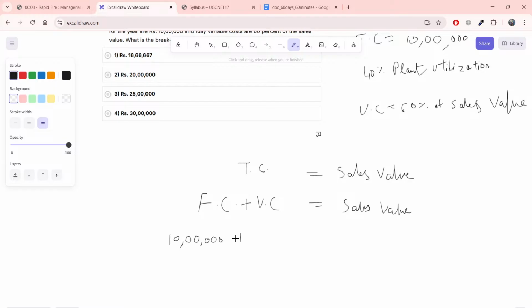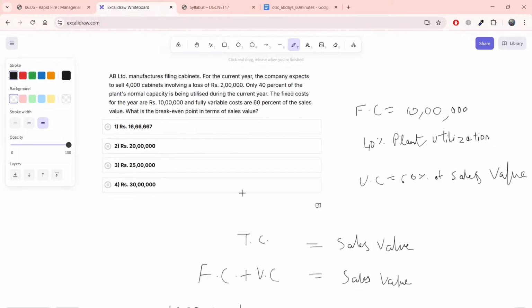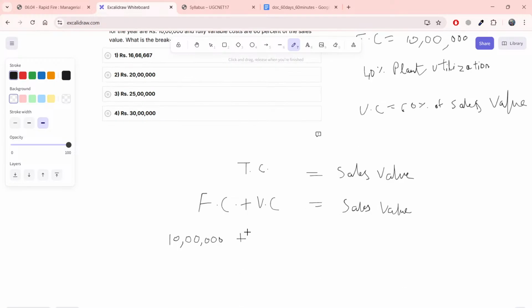अब variable cost क्या बोला गया है? Fully variable cost are 60% of the sales value.